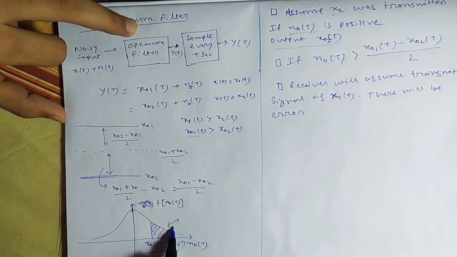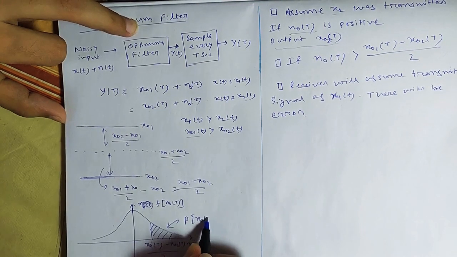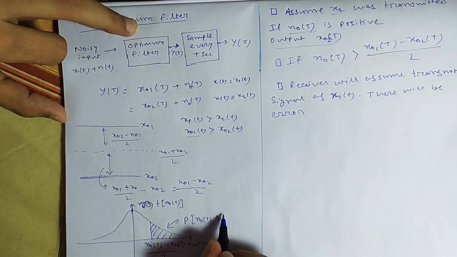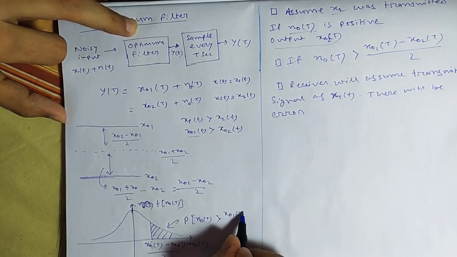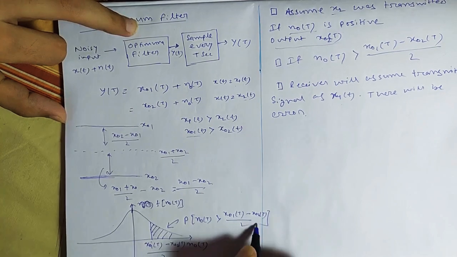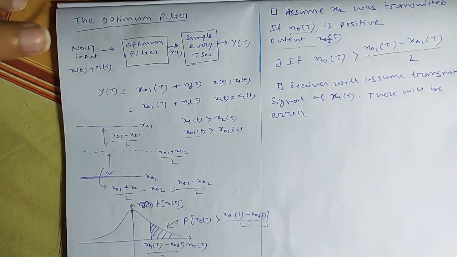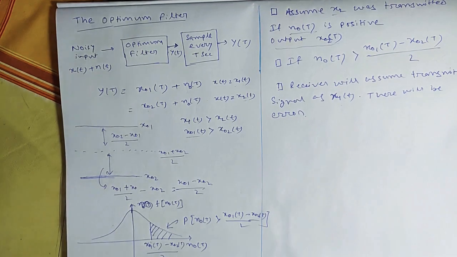So we need to find the probability that n0(t) is greater than (x01(t) minus x02(t)) by 2. That will be the probability of error, so we need to determine the probability of error.